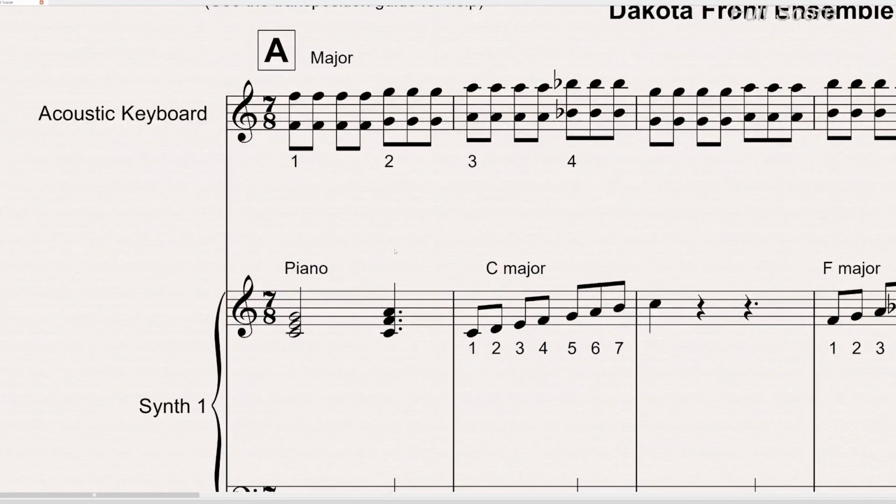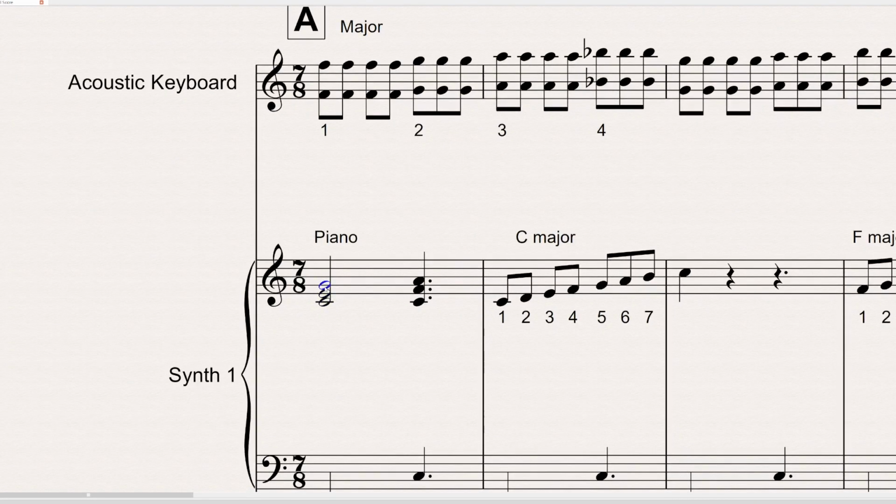And so let's do another example. Here's a chord in the synth 1 part, first chord. There are 3 notes here, C, E, and G. Well, let's figure out the scale degrees. C is scale degree 1 in C major, E is scale degree 3 in C major, and G is scale degree 5 in C major.